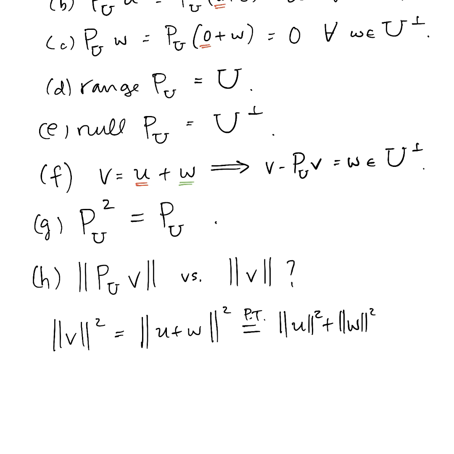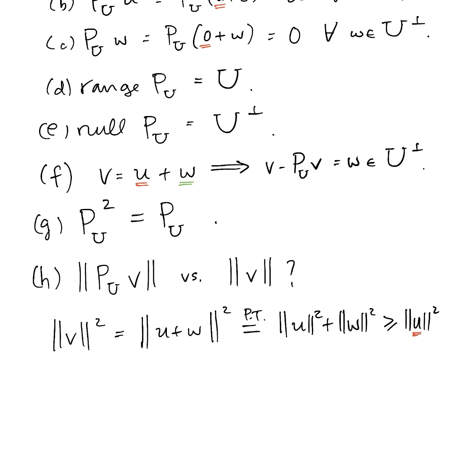And norms are bigger than or equal to 0. So this is bigger than or equal to the norm of U squared. Remember, ignore the W. That's how projection works. And so this object right here, at the far right end of this string of equalities and inequalities, that is the projection of V.